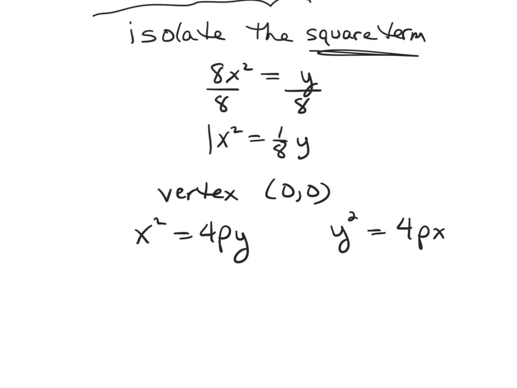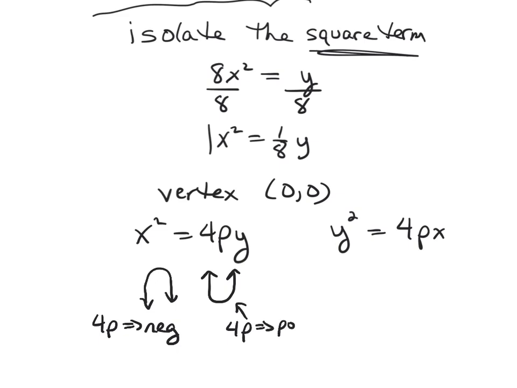Now, just to review what they look like, whenever it's the x squared, we would have the upside down u and the right side up u. Remember, when it's the n looking thing or the upside down u, your 4p term is negative. Over here, when it's the u shape, this number that's in front of your non-squared variable will be positive.